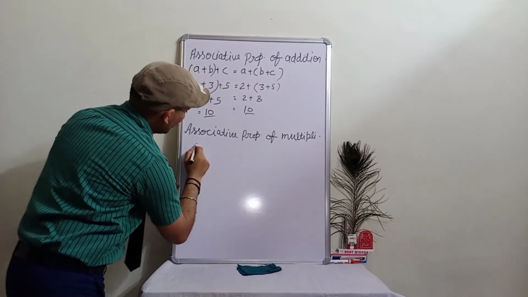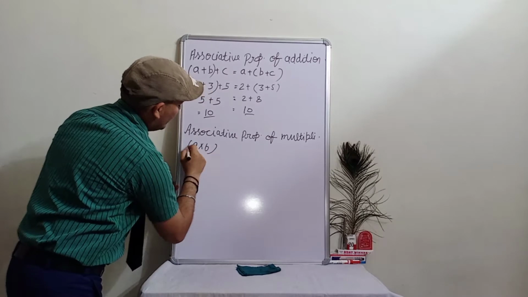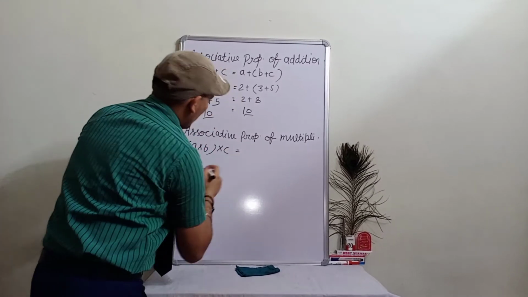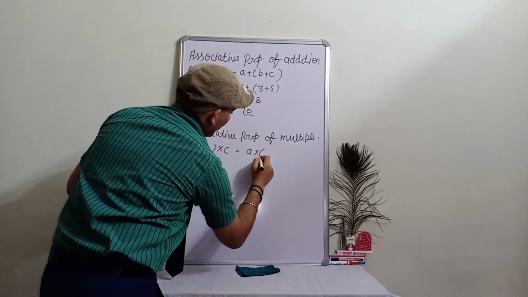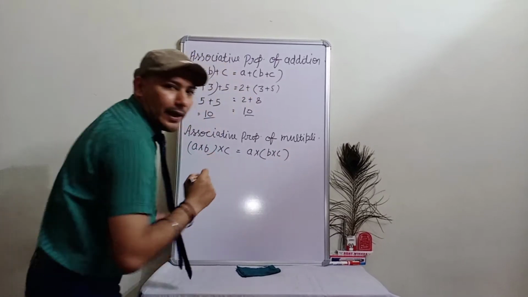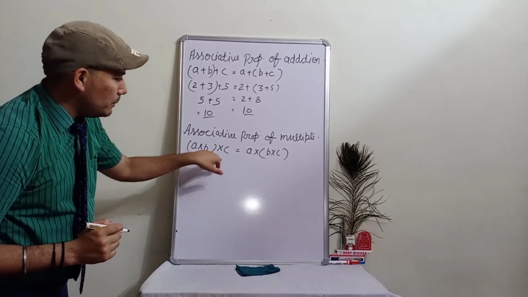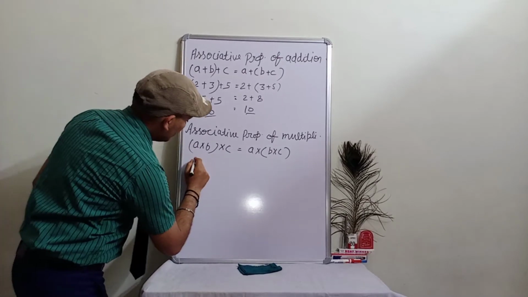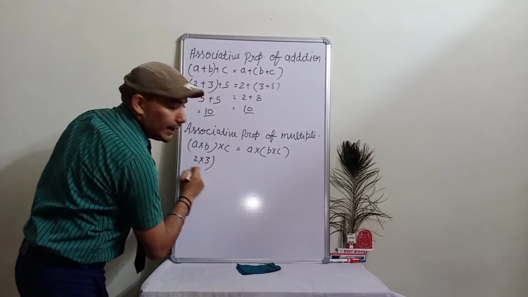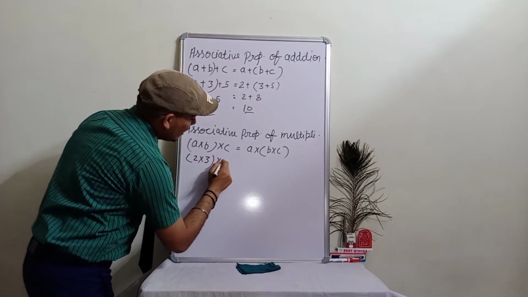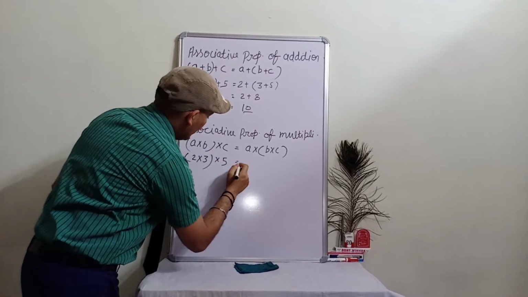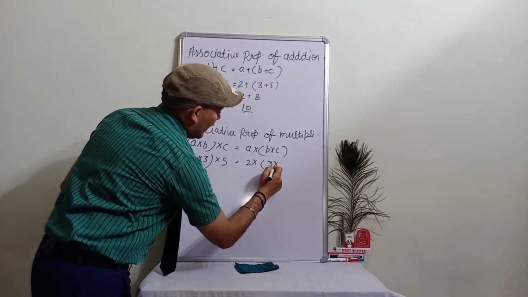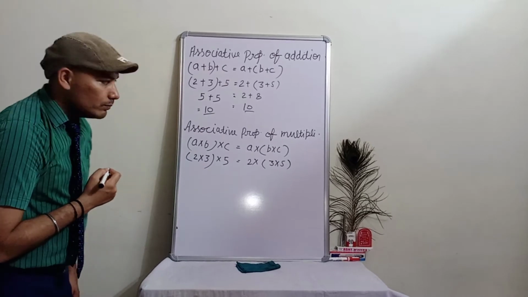So A into B, and outside the bracket the third integer is C. Now A is outside the bracket and B into C is inside the bracket. So A is 2, B is 3 and C is 5. Clear?